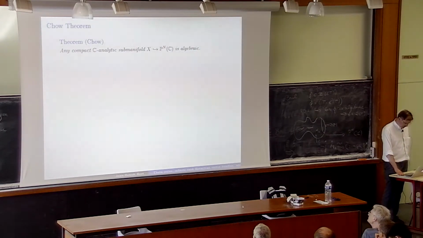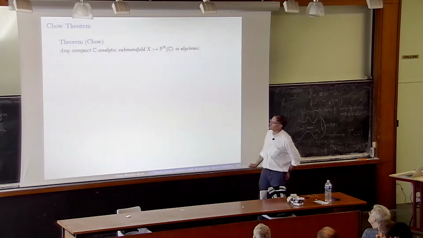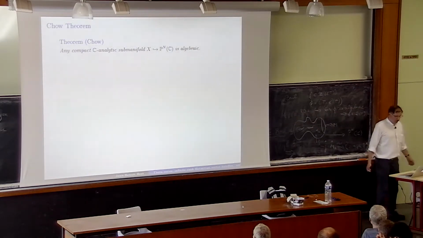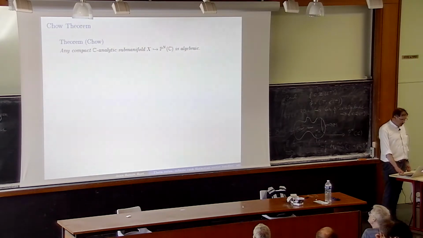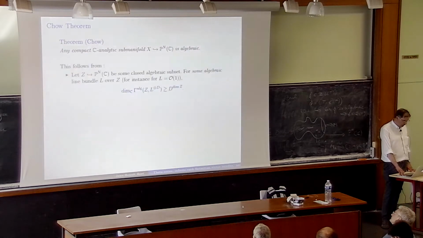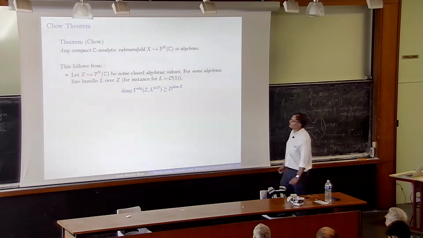Of course, you may see this result as a very special case of Serre's GAGA, but it was known much before GAGA, and actually Chow, of course, gave a proof, but let me give you a proof that in a sense appears in some old paper of Poincaré about abelian functions, maybe at the very end of the 19th century. So I claim that Chow's theorem follows from two facts.